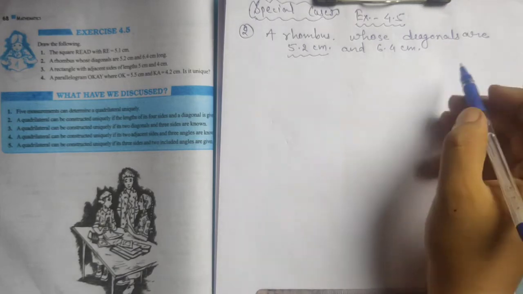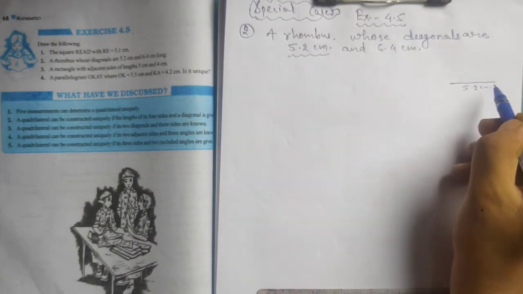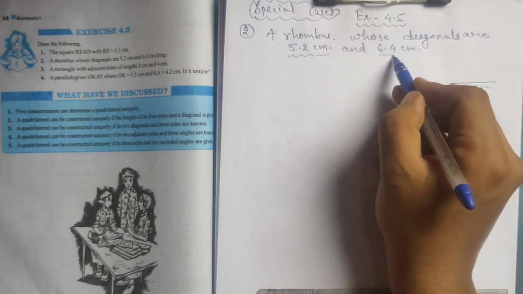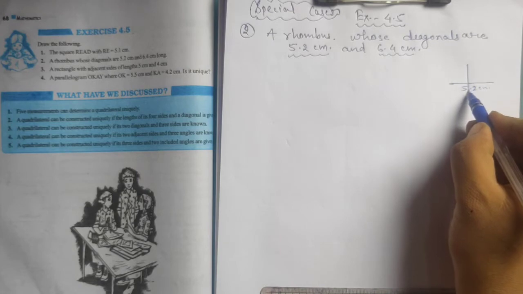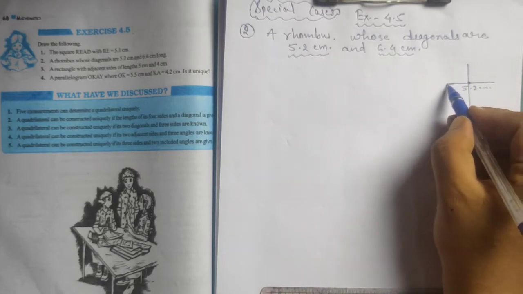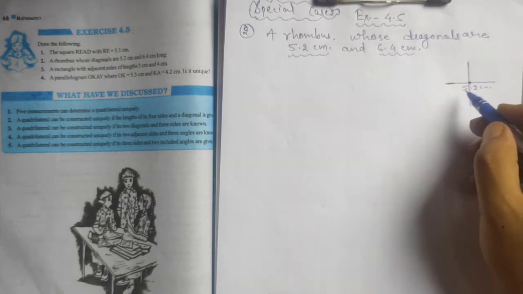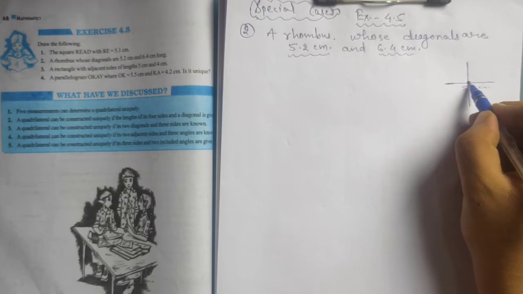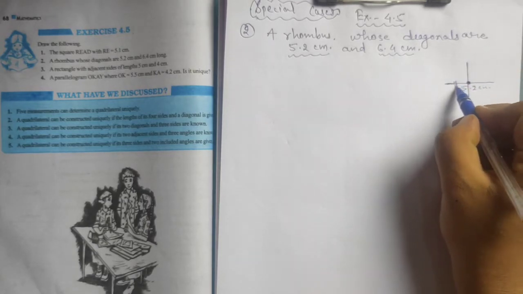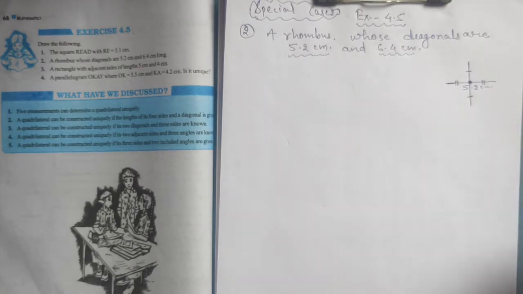In the rough sketch diagram we can understand, suppose this one is of 5.2 centimeter and 6.4 centimeter is the other diagonal. The diagonals intersect each other at a point, bisecting both the lines. Then if it is the bisecting point, this and this are of equal length, and this one is also of equal length.